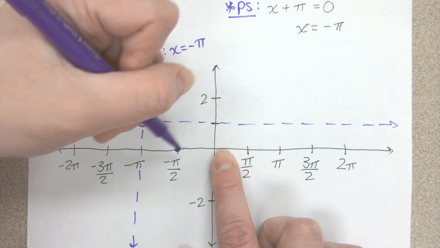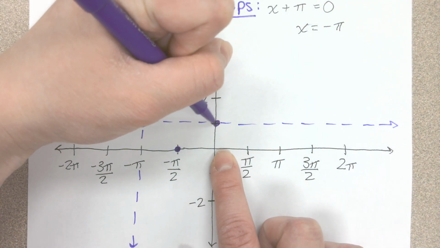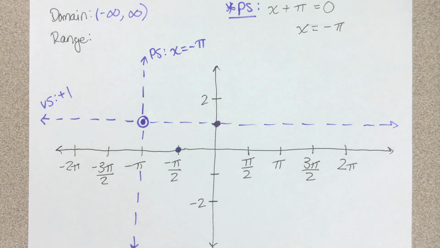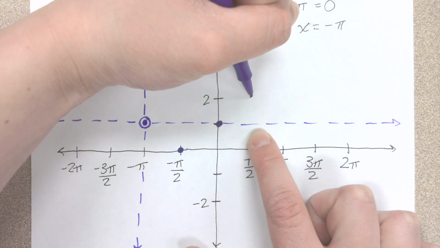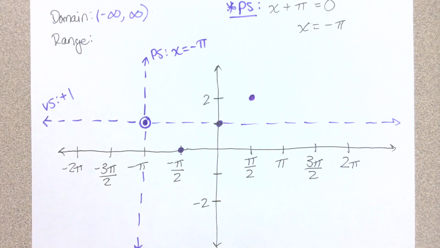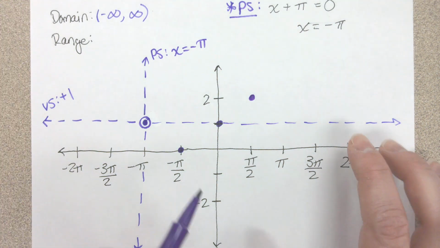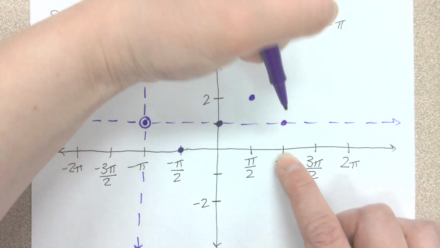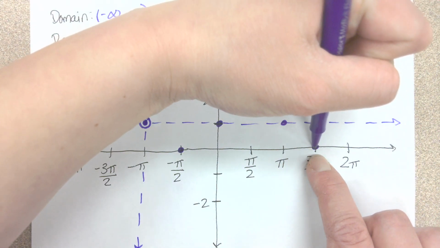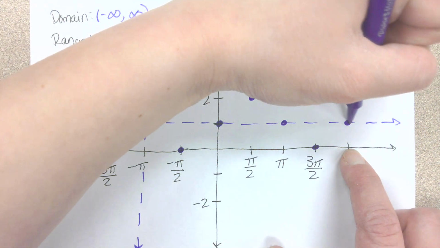Next interval, we're back up to that midline, vertical shift line. Next interval, we're up to our maximum, which is up 1, so up to number 2. And then we'll go back down. Midline for the next interval, minimum for the next interval, midline for the last interval.